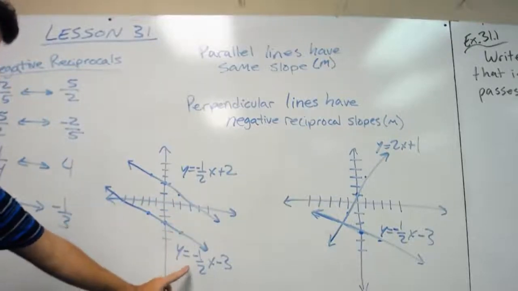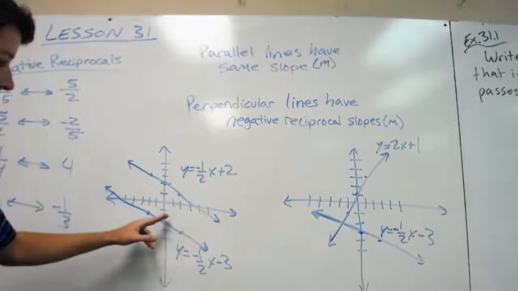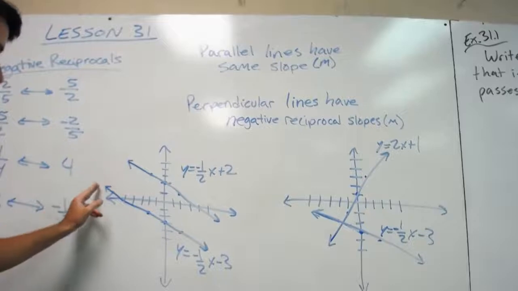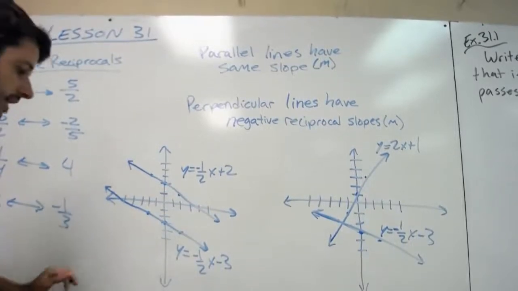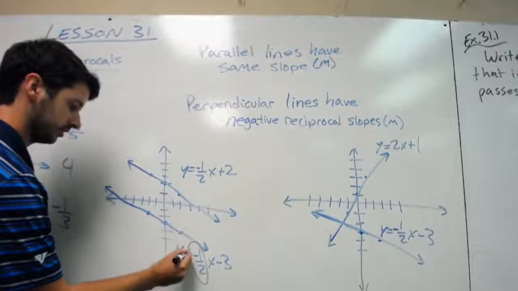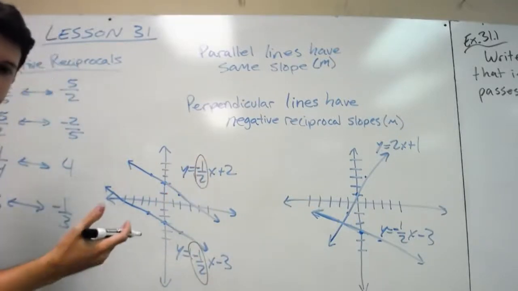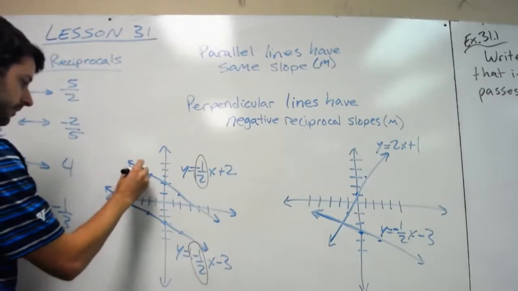And then this line is y equals negative 1/2 x minus 3. Notice they are parallel and clearly very straight lines. But they are parallel lines because they have the same slope. Negative 1/2 and negative 1/2. Those are equal, therefore the lines are parallel.